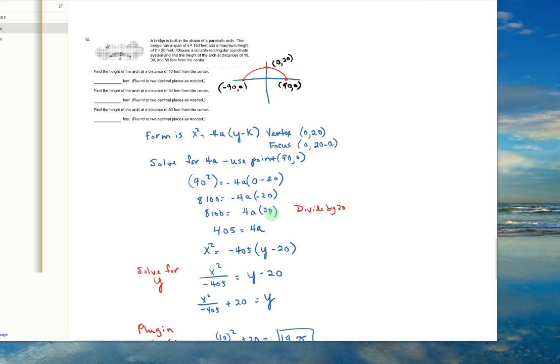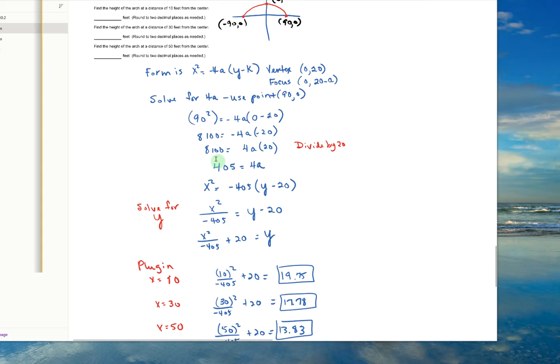So we have 4a times 20. Then we'll divide by 20 and we get 405 is 4a. So instead of 4a in this one, we're going to put in our 405.